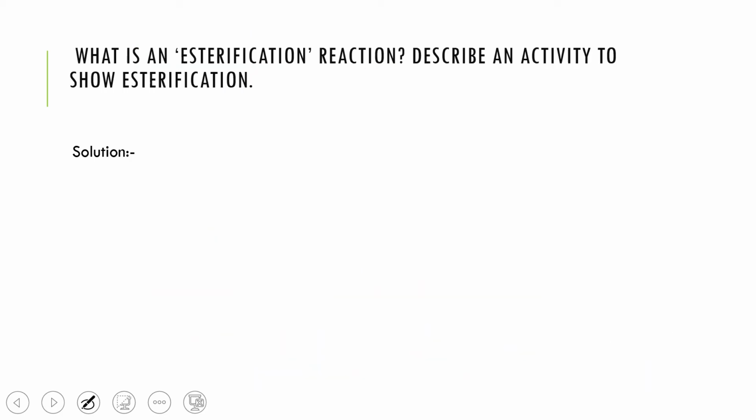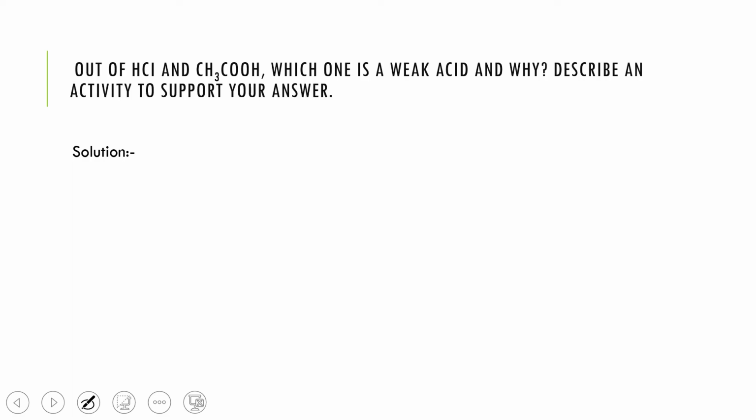What is an esterification reaction? Done already, so no need to do it again. Out of HCl and CH3OH, which is a weak acid and why? Now HCl and CH3COOH. Whenever we need to identify a weak or strong acid, the best trick is the number of hydrogen atoms.